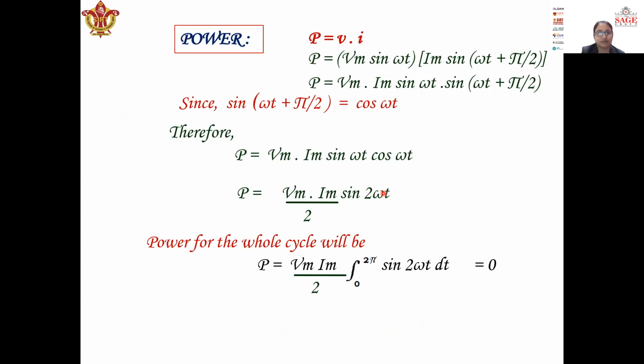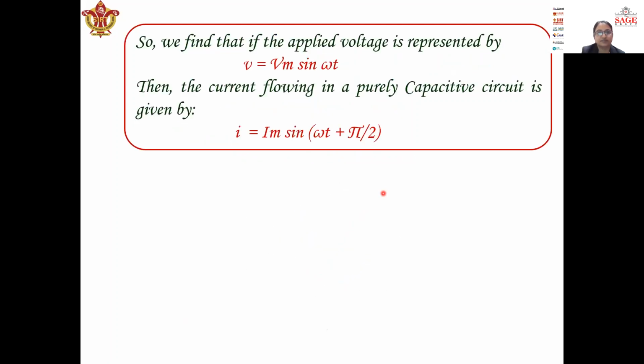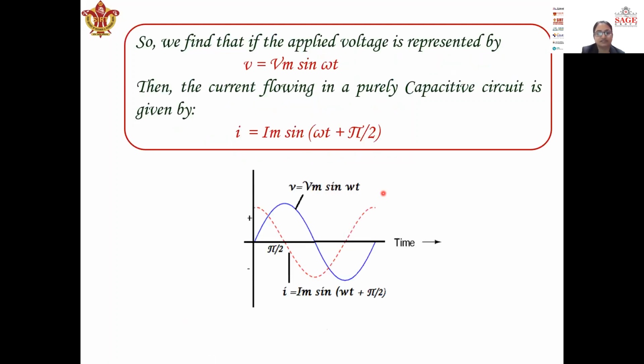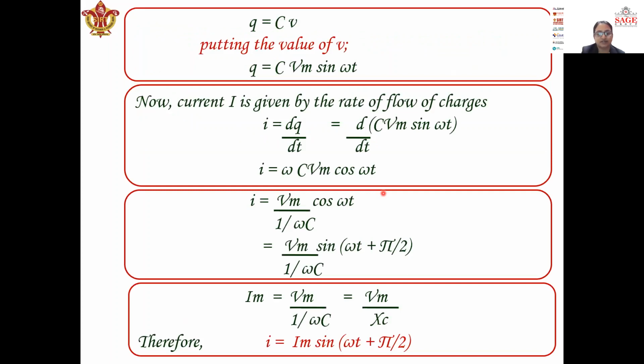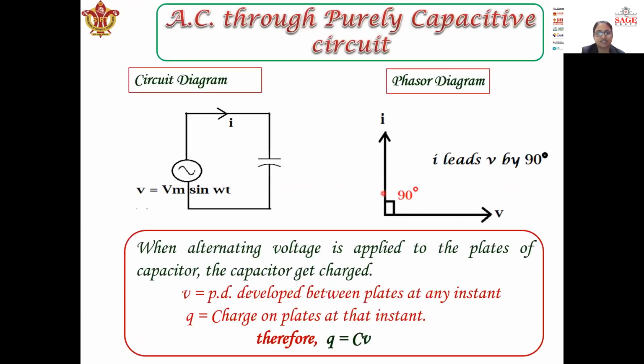You need to remember it. And we have seen the expression of current, we have seen the waveform diagram also, and we have derived the expression of current by using the relation between charge and voltage. And this is all about the phasor diagram and circuit diagram. So this is all about the AC circuit, the pure capacitive circuit.